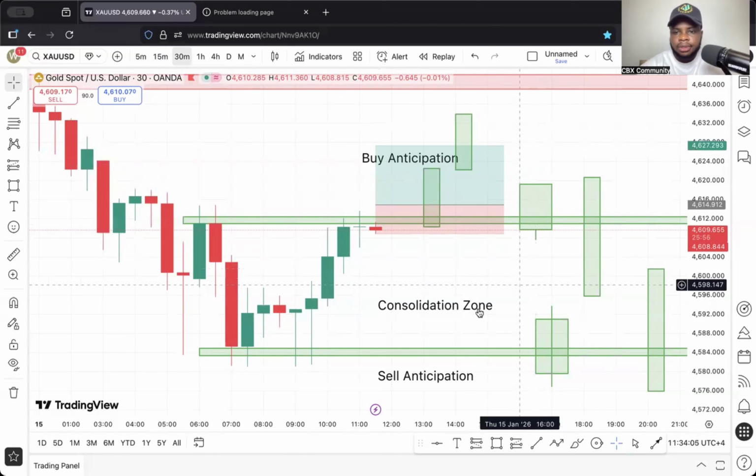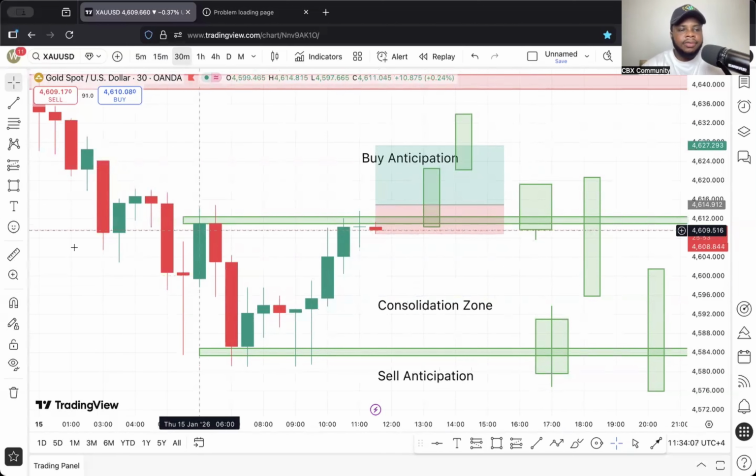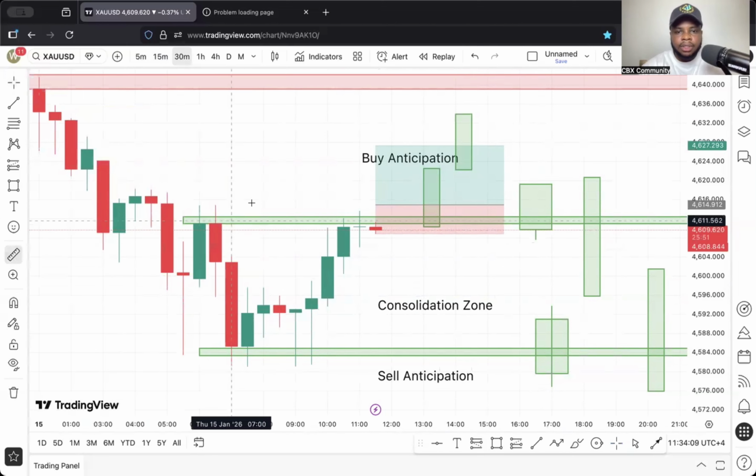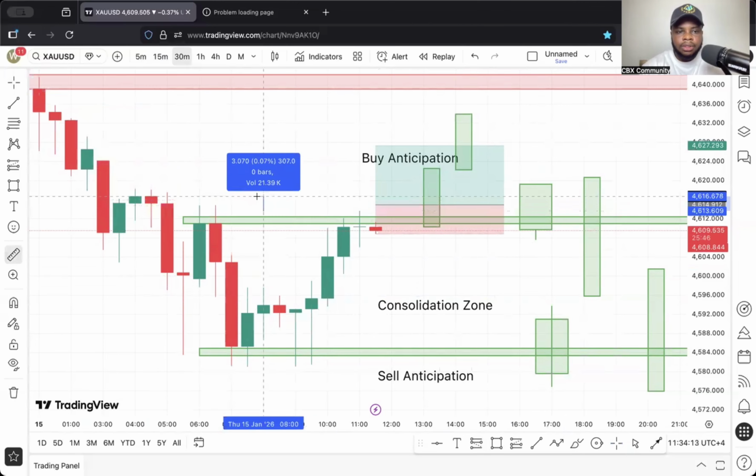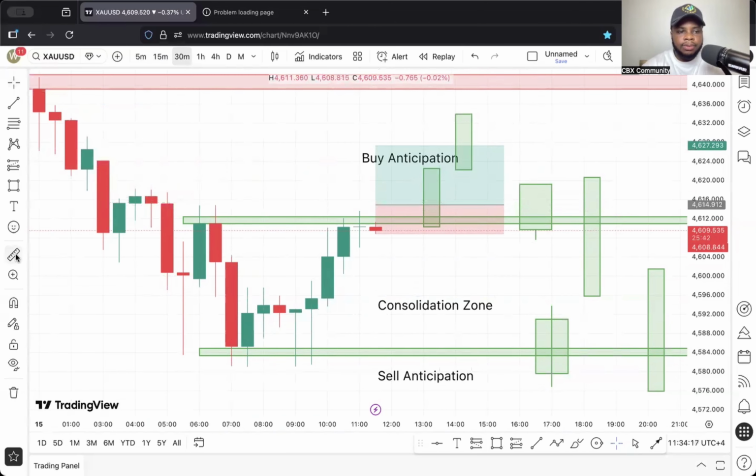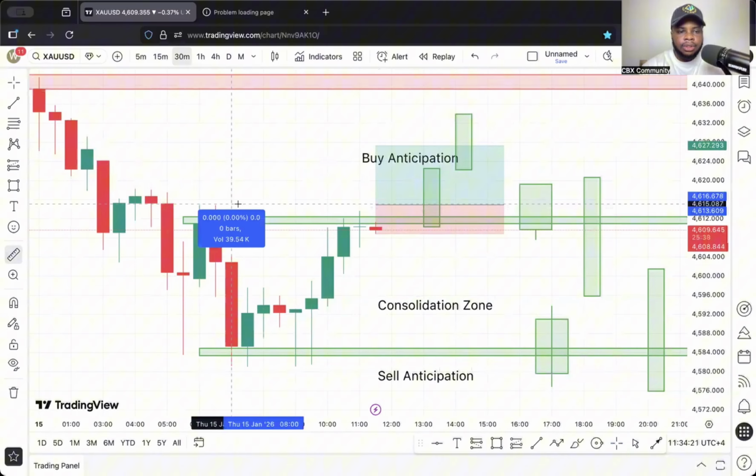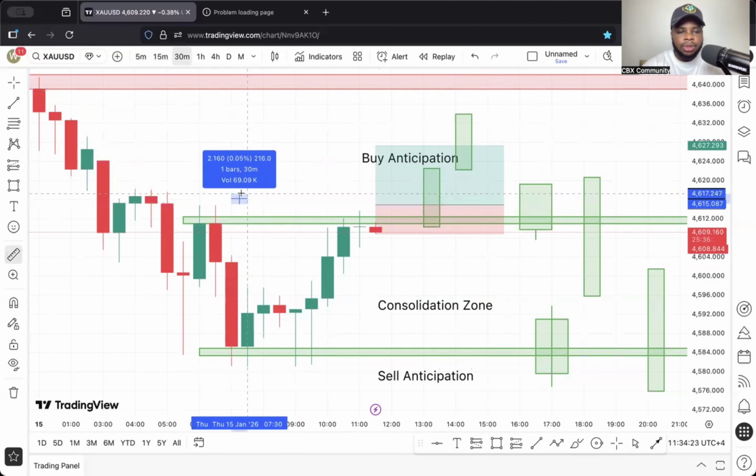Let me see from the high of this candle to this resistance, 20 pips. So from this place to here, we're looking at 21 pips.